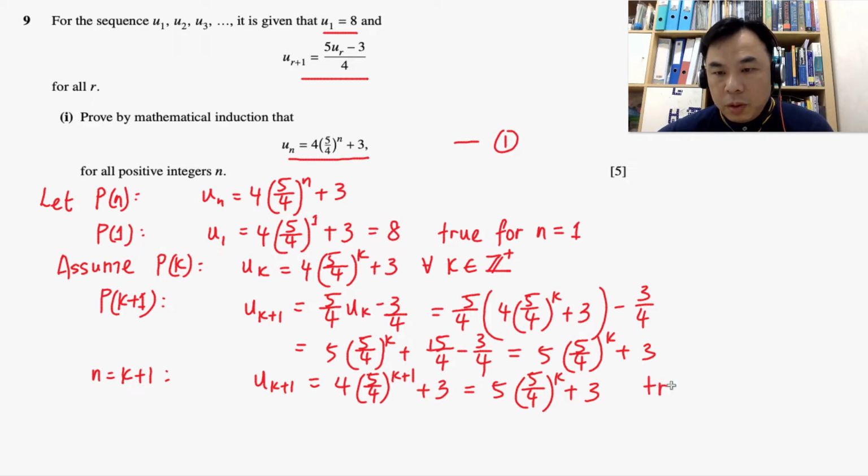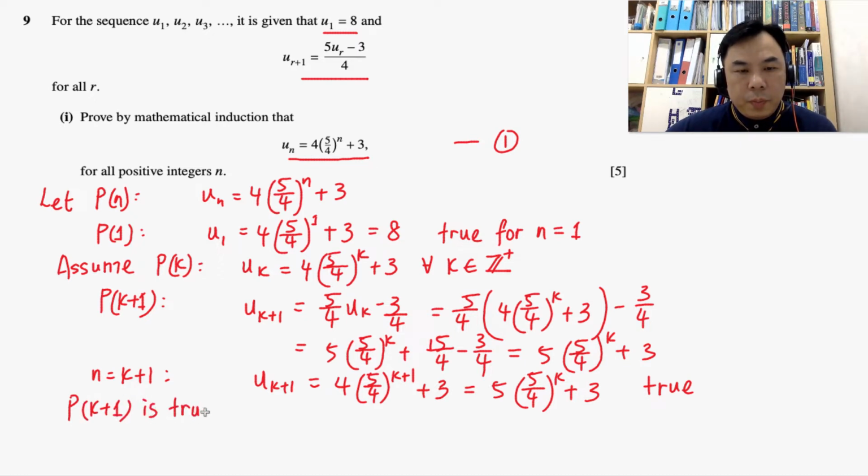Now, knowing that Pk plus 1 is true implies that Pk is true, right? Therefore, by using the principle of mathematical induction, knowing that P1, the proposition when n is equal to 1, is true, oops, sorry, let me rewrite that.